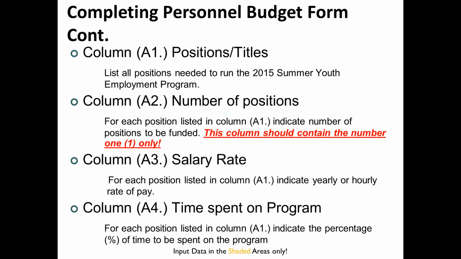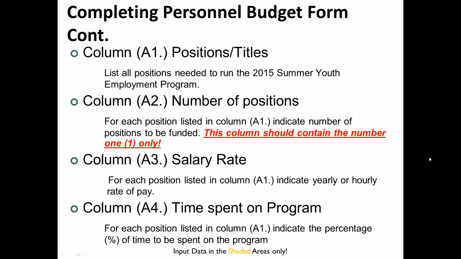If it requires 6, 7, whatever the number, you want to make sure that you list the positions here. You want to list in column A2 the number of positions. This column should contain the number 1 only. Then you want to show the rate of pay for each position listed in column A1.